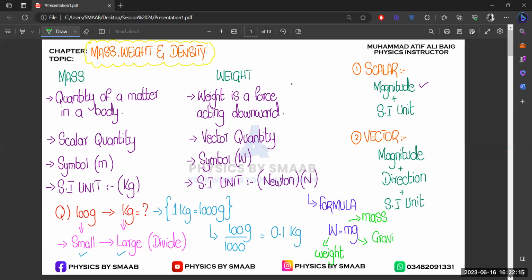Let's suppose we consider the earth surface, and if we take the example of the moon surface, where will you feel more gravity, on earth or on moon? On Earth.